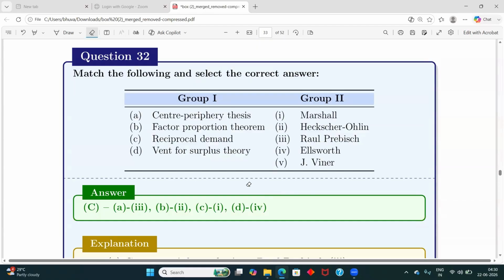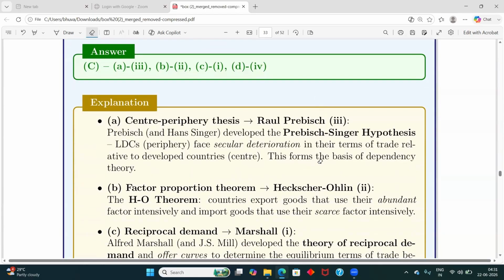Question number 32. Match the following and select the correct answer. Group 1: center-periphery thesis, factor proportion theorem, reciprocal demand, and vent for surplus theory. In Group 2, the economists given are Marshall, Ohlin, Paul Prebisch, Ellsworth, and Jacob Viner. The center-periphery thesis is given by Prebisch and Hans Singer.